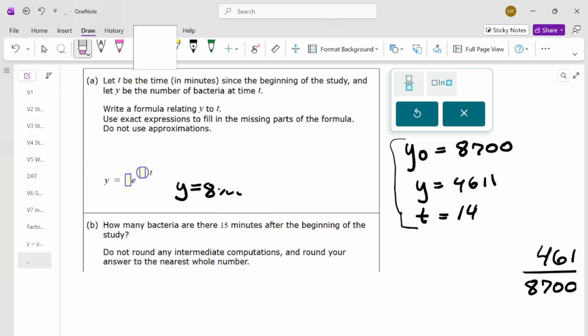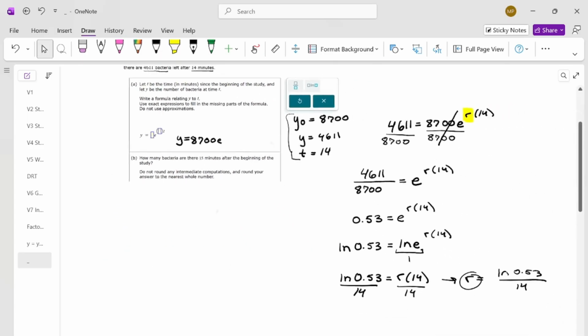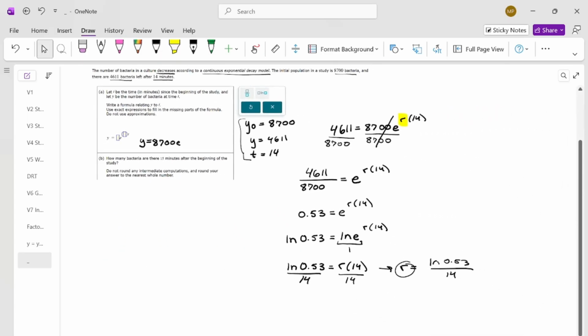I'm going to erase this so we have more room. Raised to the rate that we just solved, and that was ln of 0.53 all over 14 times t.